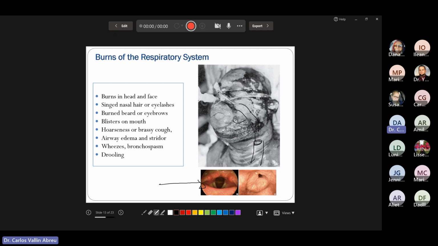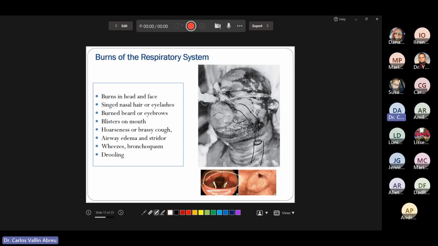Here I have a picture at the left of a normal entrance of the trachea. Notice that it is a hole here, and this is the hole that is normally open to allow the air to come and live. We can even see the vocal cord here. This structure here is the epiglottis, but all those tissues are soft, and in the presence of heat they become swollen.